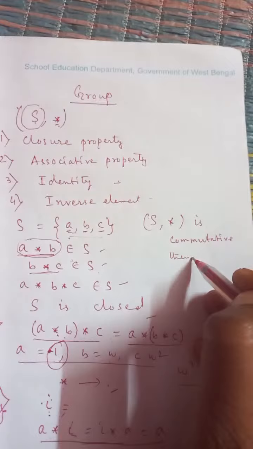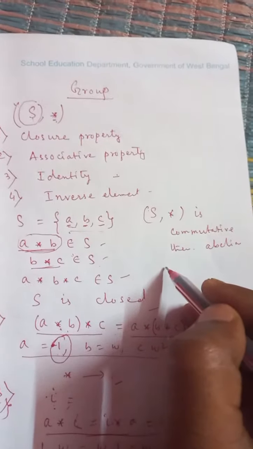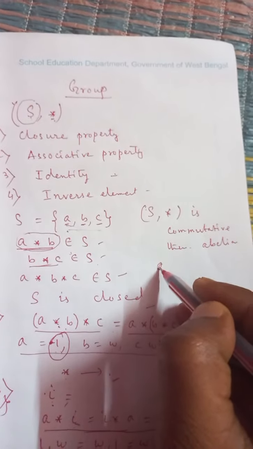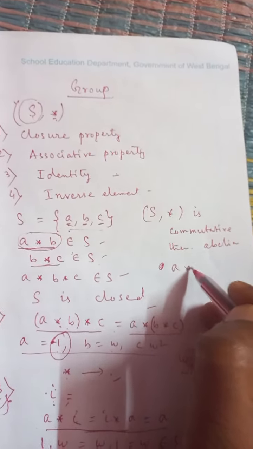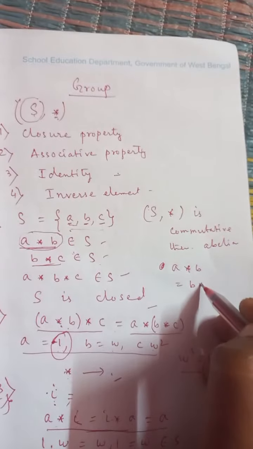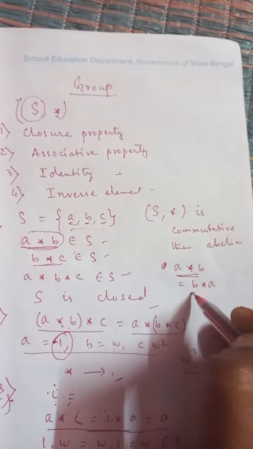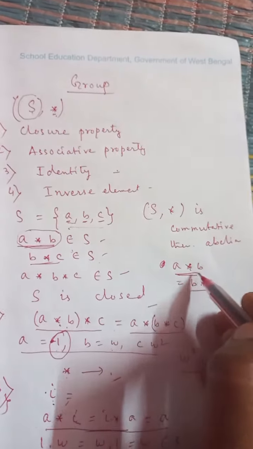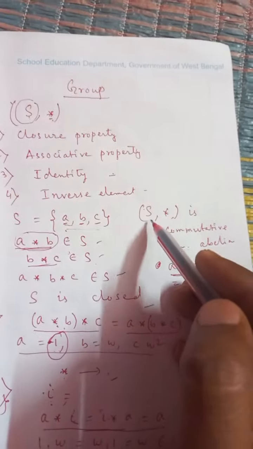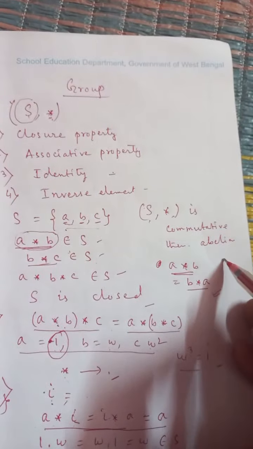So how can we find out? If we take any two elements from the set S under the binary operation star, like A star B, and we find that it is equal to B star A, and this is satisfied, where the binary operation can be any operation, then we can say that under this operation the set is commutative, and then it can be an abelian group.